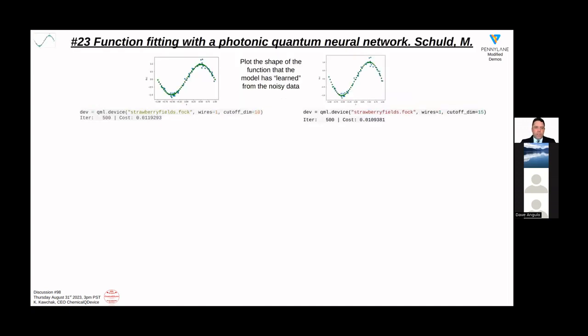And then this one is basically photonic quantum computing. So PennyLane uses strawberryfields.fock, and they had a cutoff dimension, which is the number of photons going through, of 10. And then I changed that to 15, and it worked out in favor of cost.